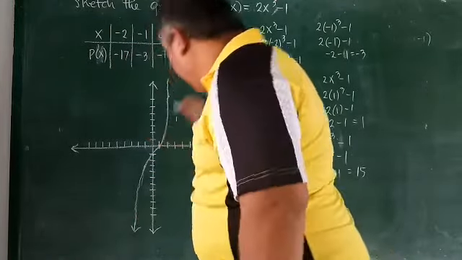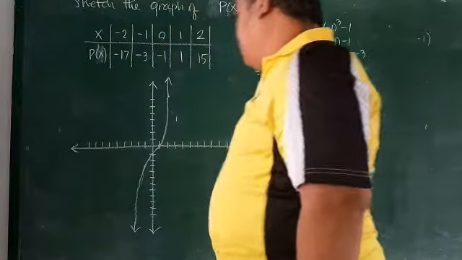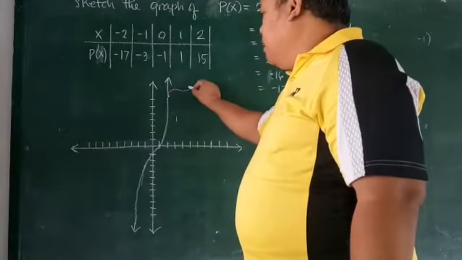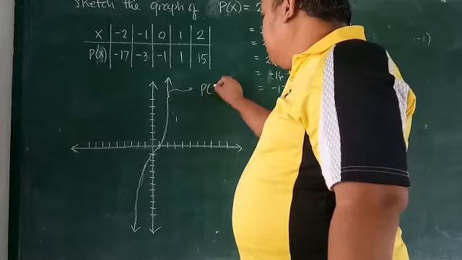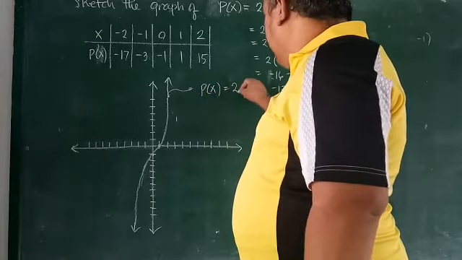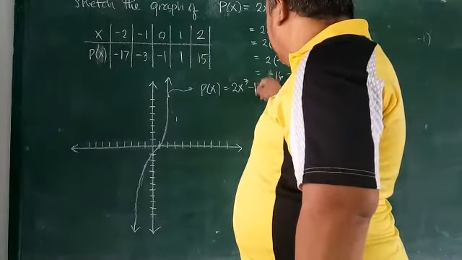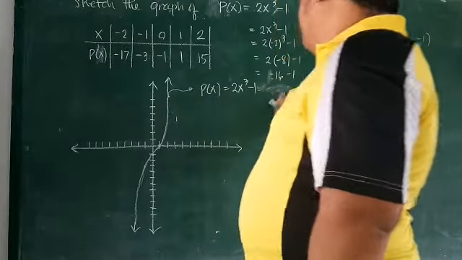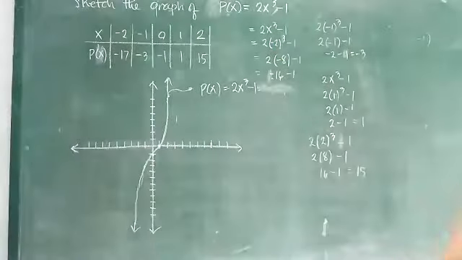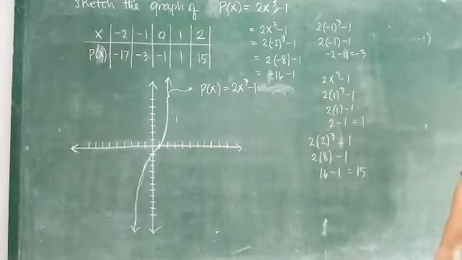When you graph, put an arrow on it. And then label the graph: p of x equals 2x cubed minus 1. That will be the right way to present your graph.